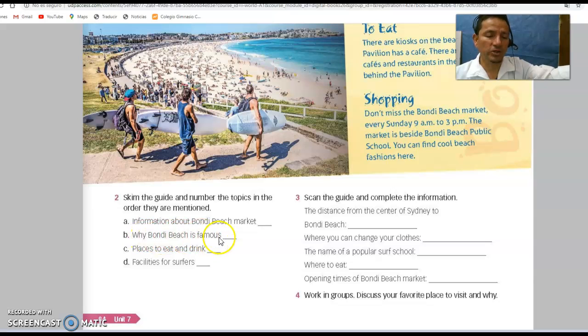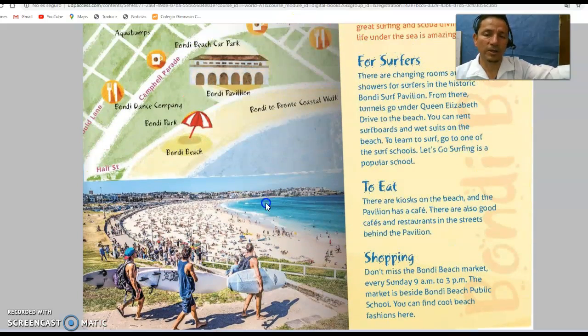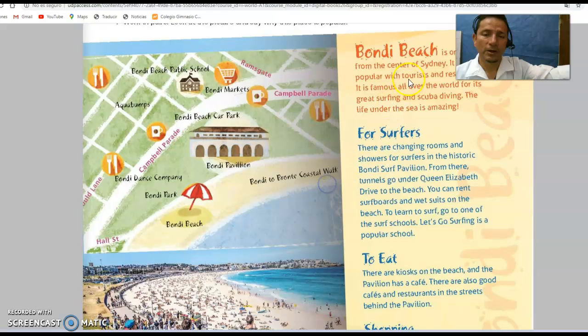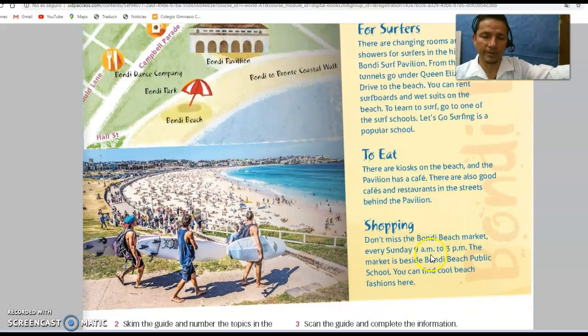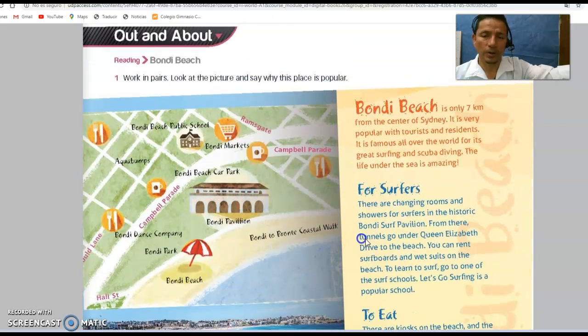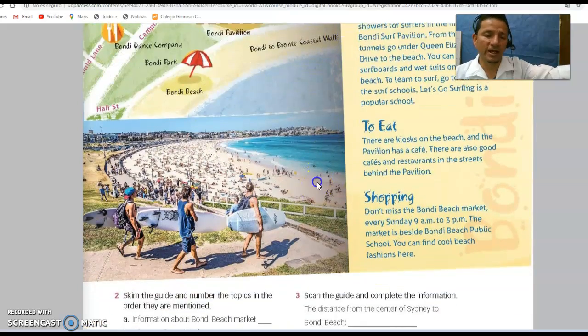Why Bondi Beach is famous? So you need to know where is the why. One is 2 or 3. So you say famous. So Bondi Beach, why? Because it is 7 kilometers from the center of Sydney. So it's very near and it's good for scuba diving and surfing and so on.